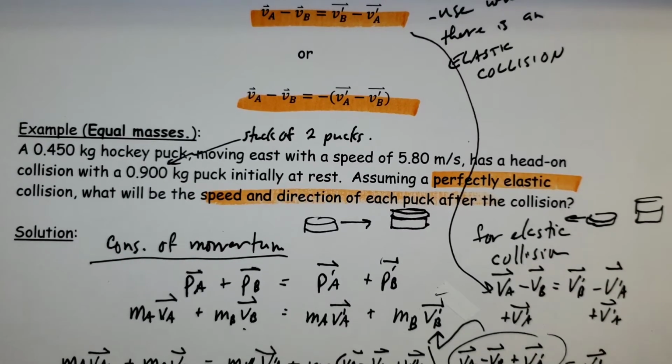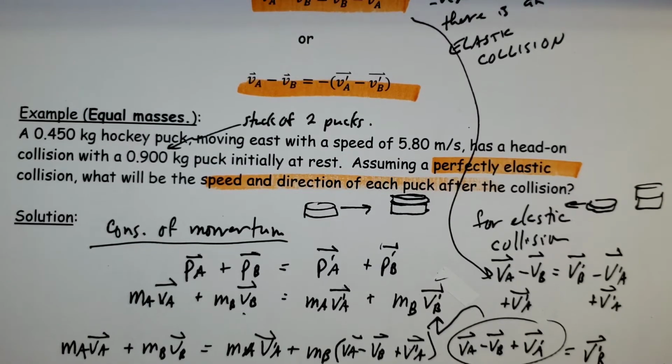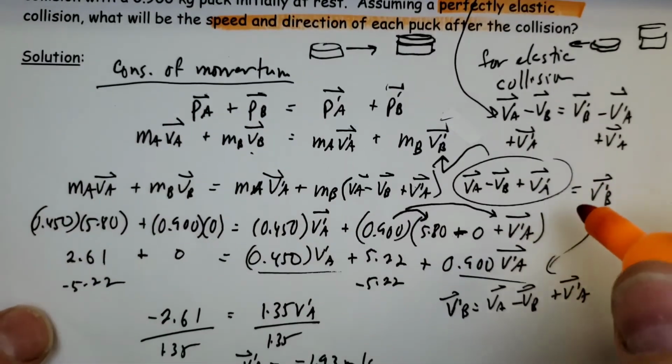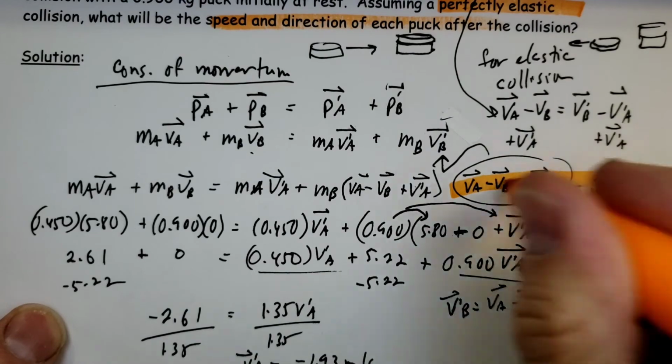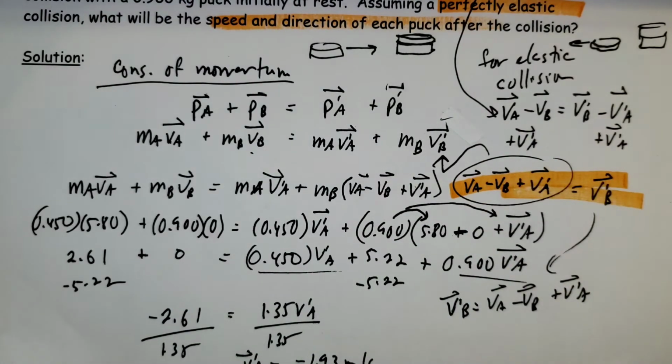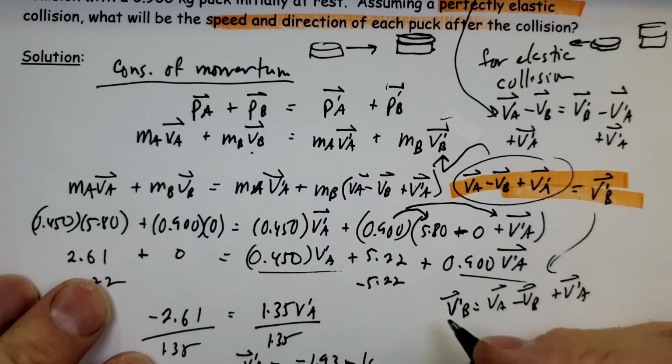So all I have to do is plug it into here, because this is the relationship if it is in fact an elastic collision: VA minus VB equals negative V prime A plus V prime B. I should show you what I'm doing here, pulling the relationship between all those velocities for elastic collisions.